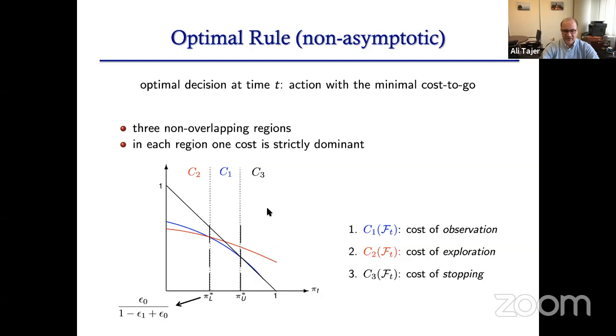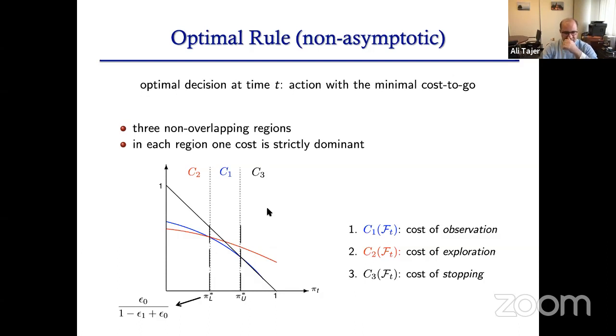So essentially pi_t becomes a sufficient statistic for computing C1, C2, C3. And when we plot these three functions versus pi_t, we'll see that they intersect at exactly two points. And furthermore, after looking at the intersection points, we'll see that they divide up the entire region of the cost function into three separate regions with different characteristics.